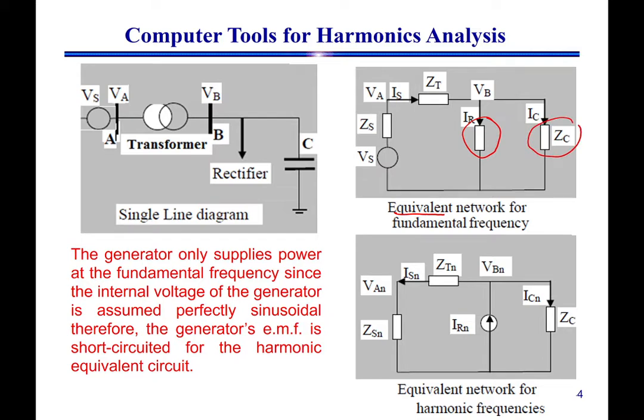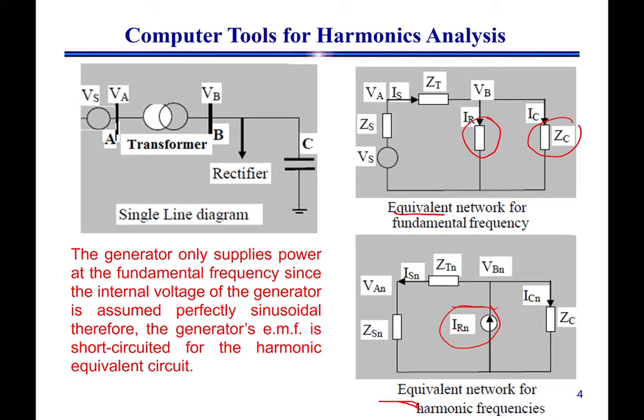Now, if we like to draw the equivalent network for the harmonic frequency, the non-linear load will be represented by a harmonic source over there, and you will notice that the voltage source will be taken out because this voltage source is coming from a 3-phase generator, which will work only at, let us say, 50 or 60 hertz.